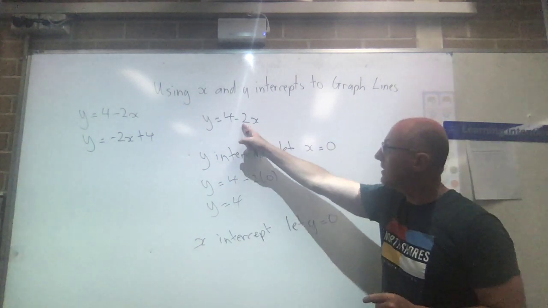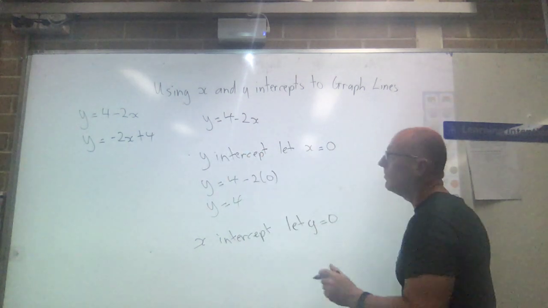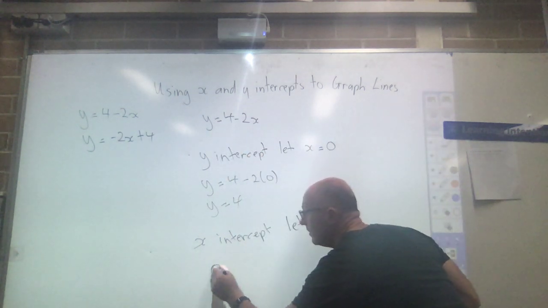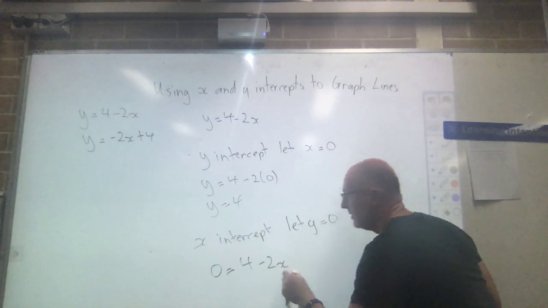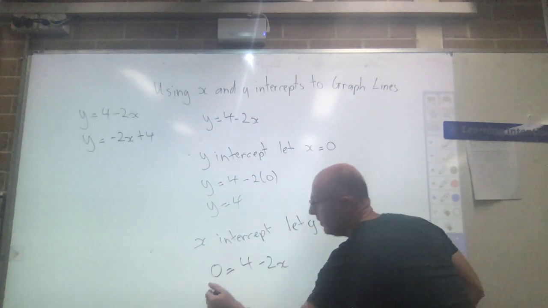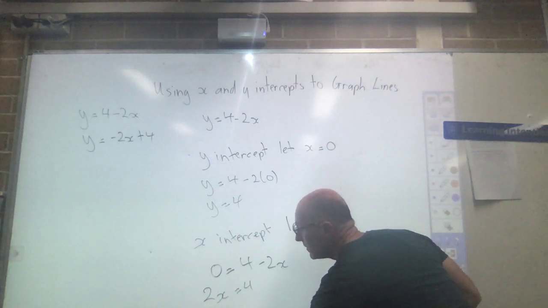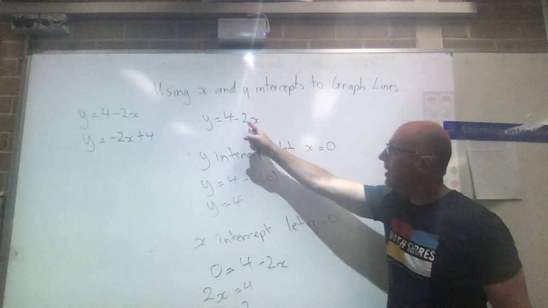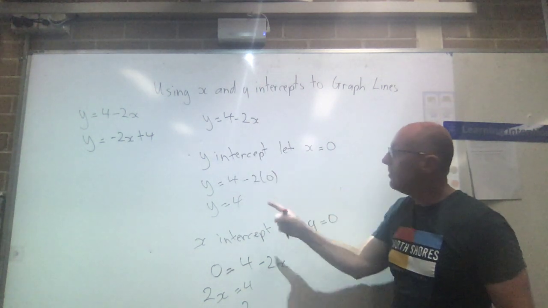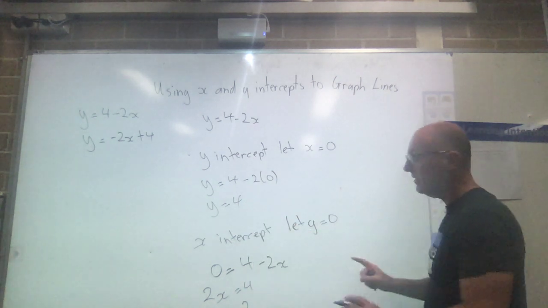So this time instead of y, we go 0 equals 4 minus 2x. I would add the 2x across: 2x equals 4, x equals 2. So what we've now found for this line is that the y-intercept is 4 and the x-intercept is 2. I'll just write that down here.